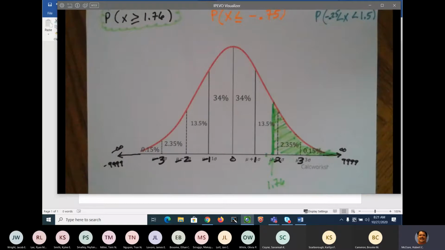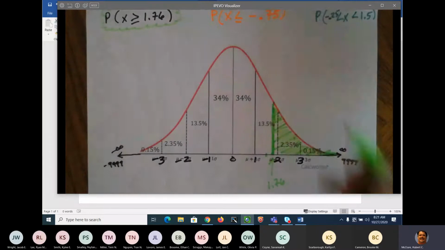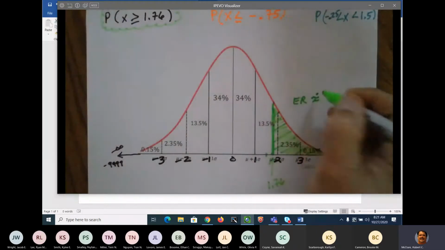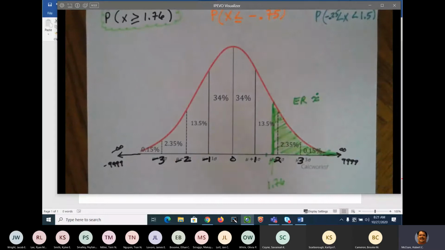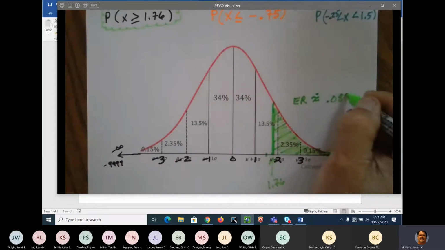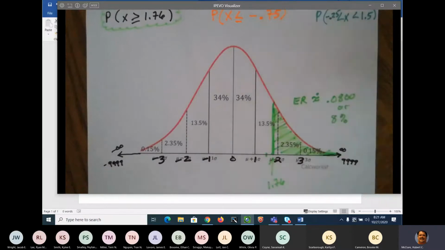So I'm going to say it's around 8%. So by the empirical rule, I'm going to say approximately 0.0800 or 8%. Now that's a rough estimation using the empirical rule.